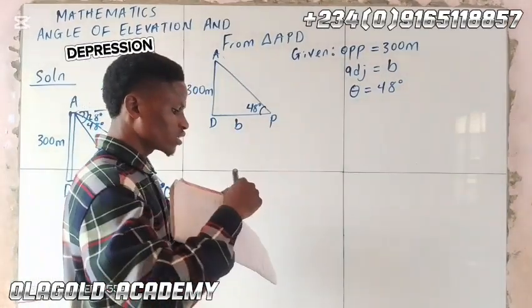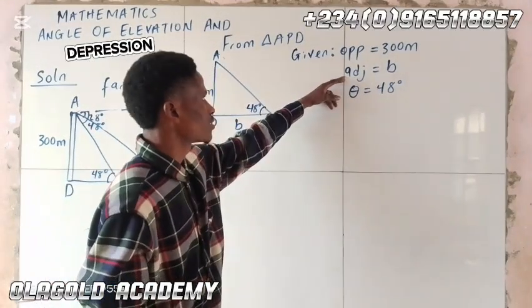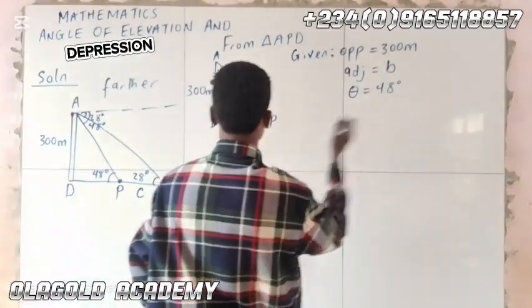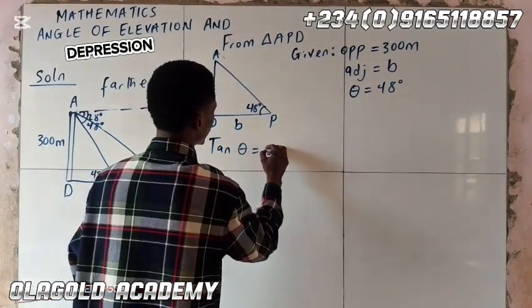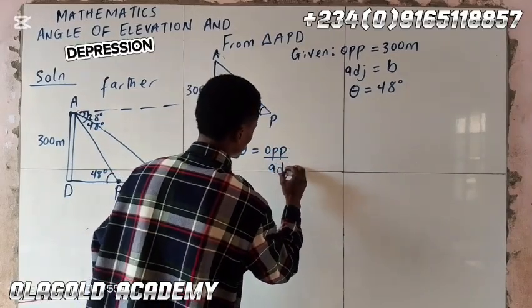So what equation relates opposite and adjacent together? It is TOA. So we have tan theta equal to opposite over adjacent.